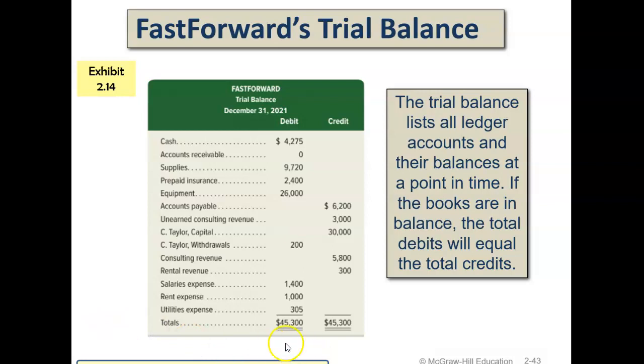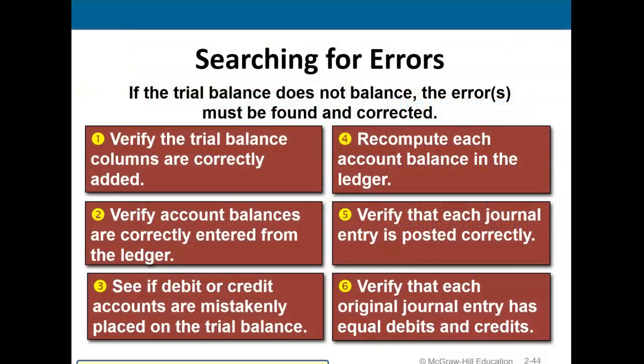So notice at the bottom here that again our total debits and our total credits equal, and that is really the threshold requirement for this, because if we're not in balance here, then we need to go back and figure out what we have done wrong. Now here are some common things to go back and check for if you are not in balance.